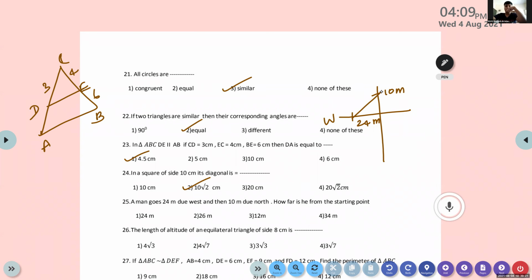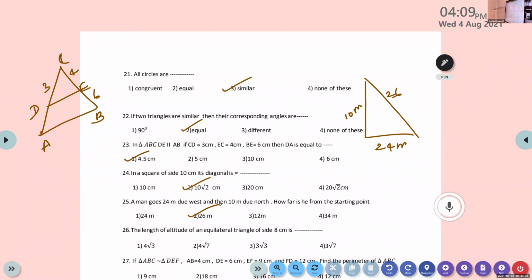It will be coming like this, 24, and then he goes 10 meters. So we'll get 26 meters. The next one, the length of an altitude of a triangle of side 8 centimeter is, if the side is A, what is the altitude?